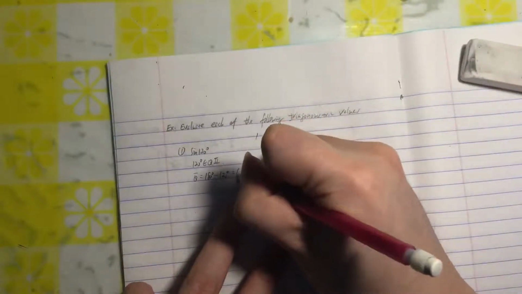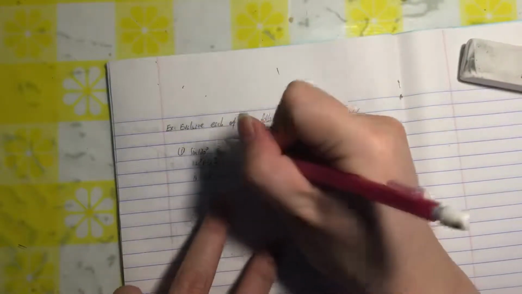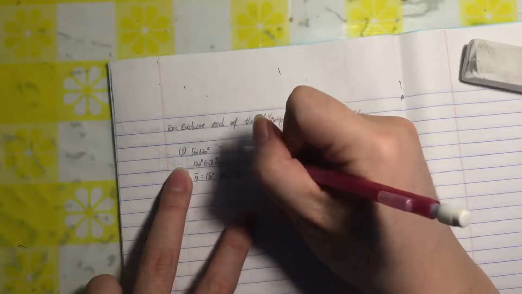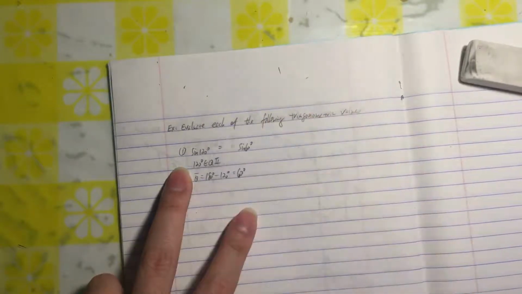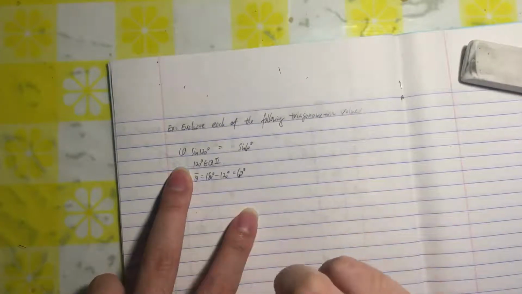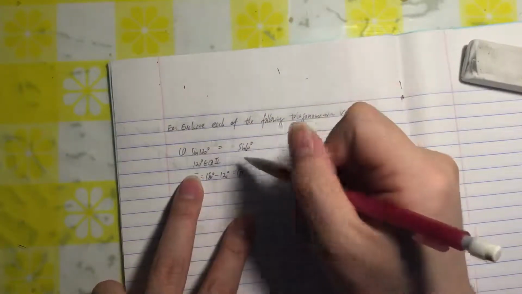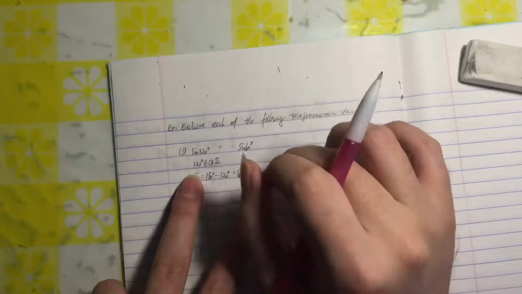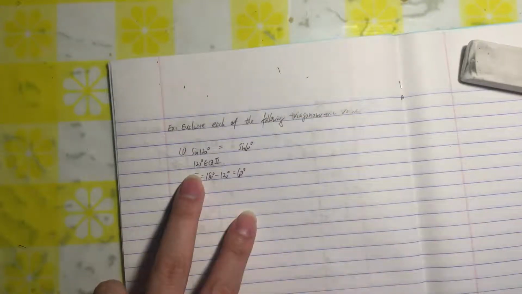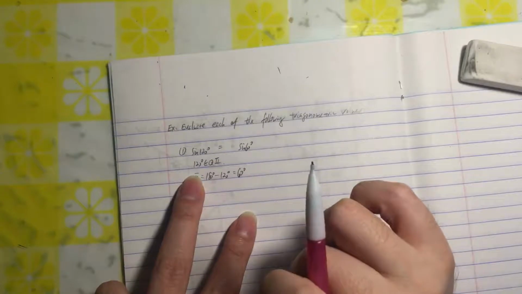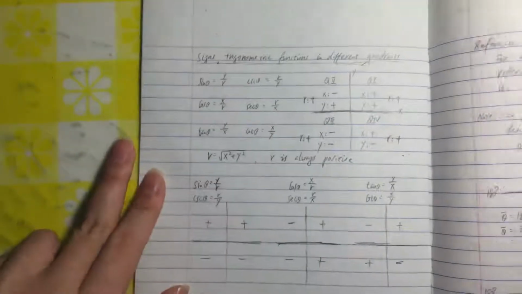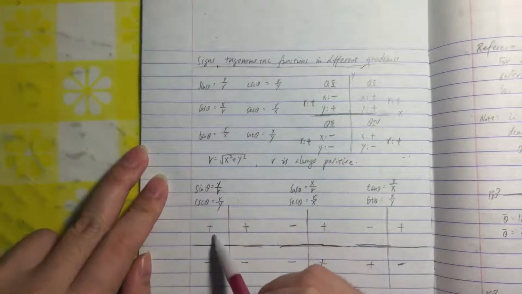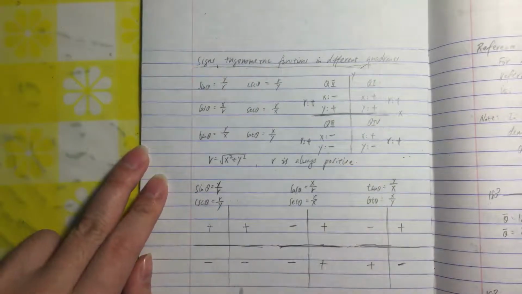That means sine of 120 has exactly the same value as sine of 60. The only difference is the plus minus sign. Since 60 is the reference angle, their values are exactly the same. Is it positive or negative? We know that the sine function in quadrant 2 is positive.